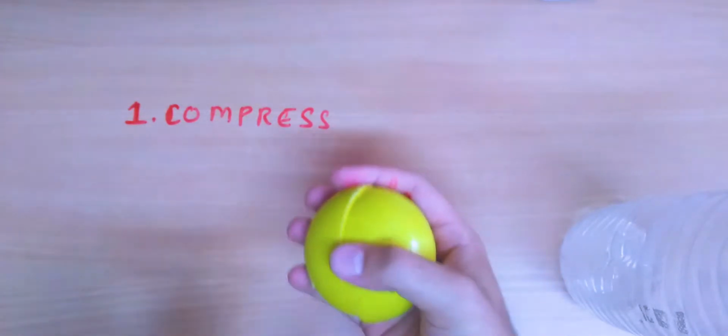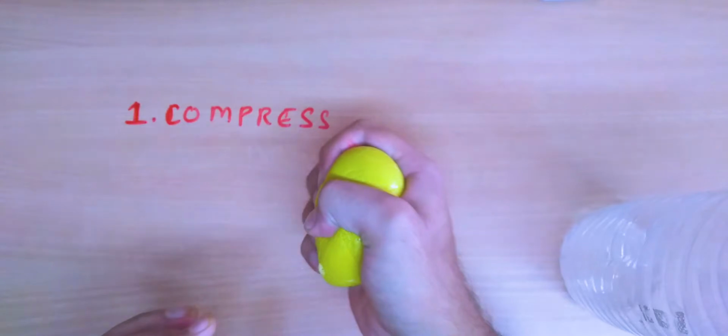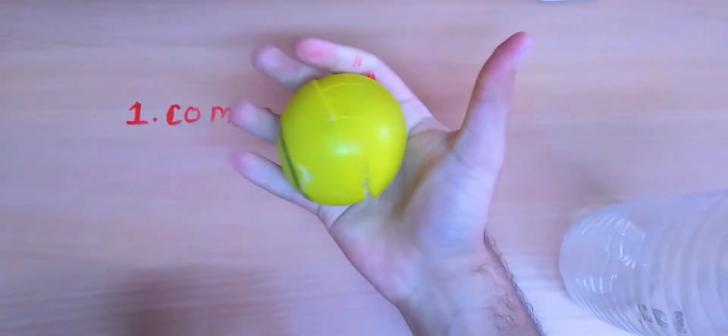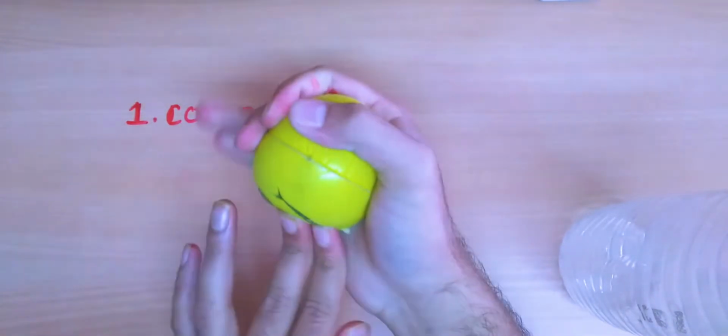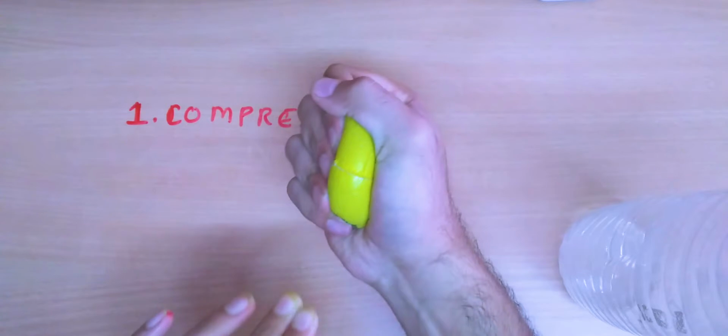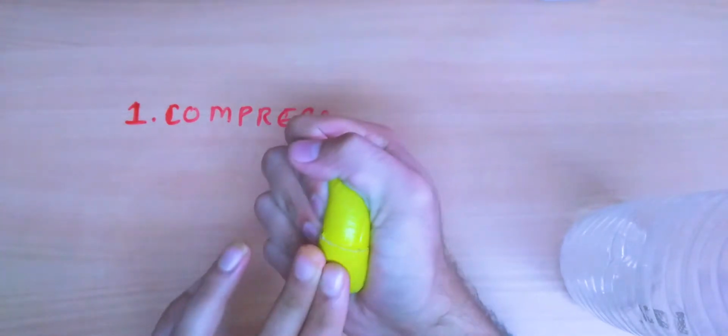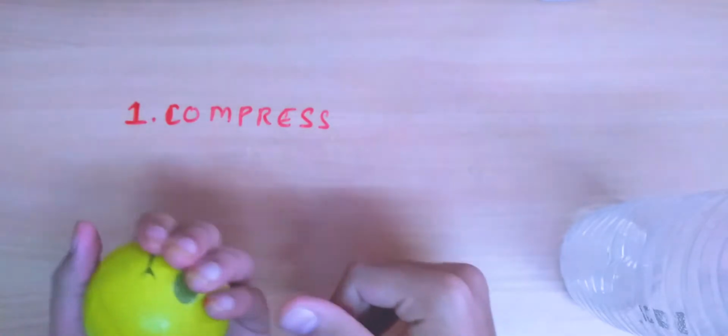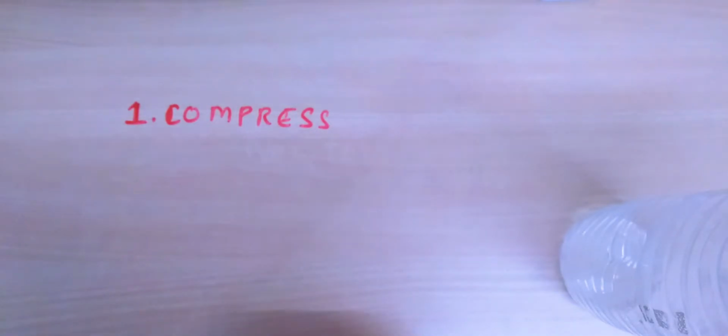If I apply force on this object from all the sides, I can reduce the size of this sponge ball. See, earlier it was this big. I can actually reduce the size of this sponge ball by applying force on all sides, and I'm essentially compressing this. So yeah, that's the first effect of force.